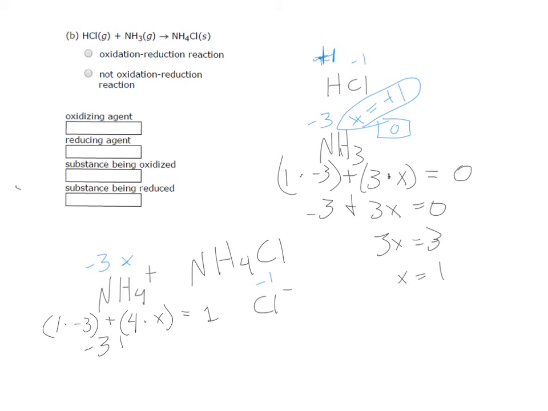We'll neaten this up a little bit. -3 plus 4x equals 1. We'll add 3 to both sides. 4x equals 4. And x works out to be 1.